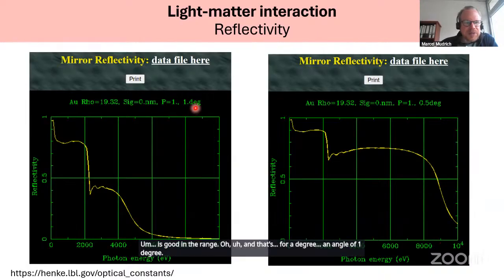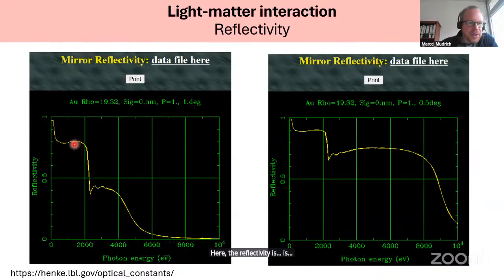Here the reflectivity is quite okay, like 70% up to 2 keV, but then sharply drops down, and above 6 keV of photon energy, the reflectivity is almost 0. So definitely not suitable for a mirror.